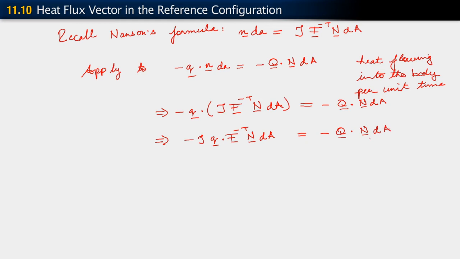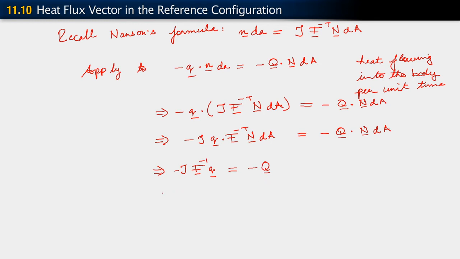And now from our study of how transposes of tensors work across dot products, what we know is that minus J F inverse, sorry, I need to have a J there. Minus J F inverse q equals minus capital Q. Okay, by observation, and we can look at it in indicial notation and also make sure that things work out correctly, and we'll do that.